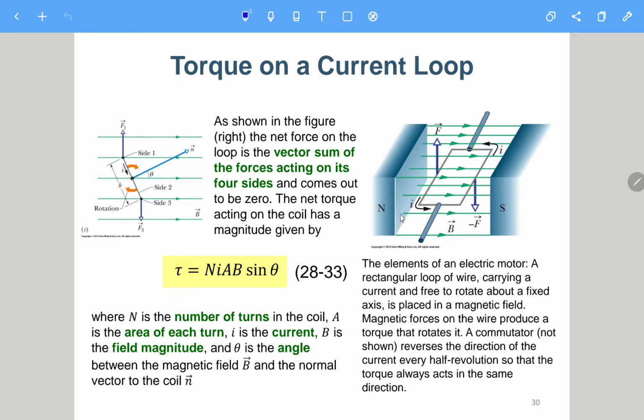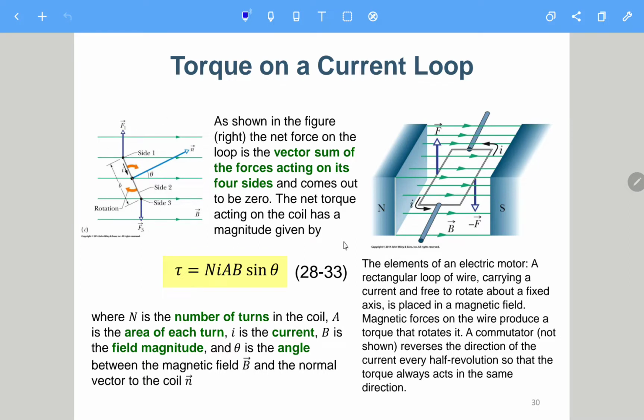And then we provide a magnetic field uniformly pointing to the right side. This is the north pole, this is the south pole, the B field pointing from left to right. As shown in the figure, the net force on the loop is the vector sum of the forces acting on its four sides.